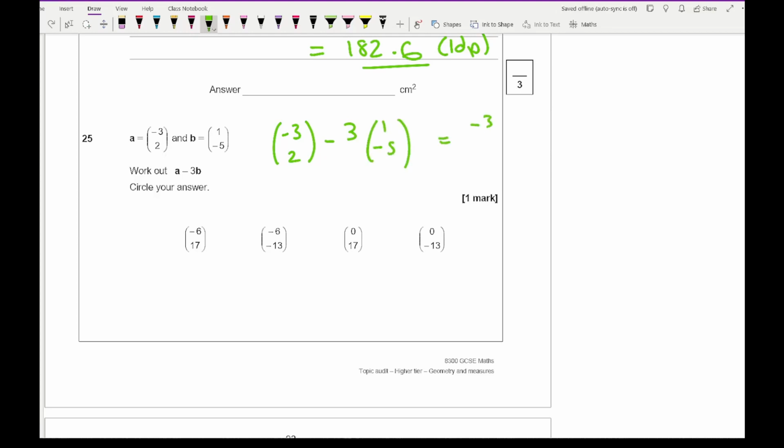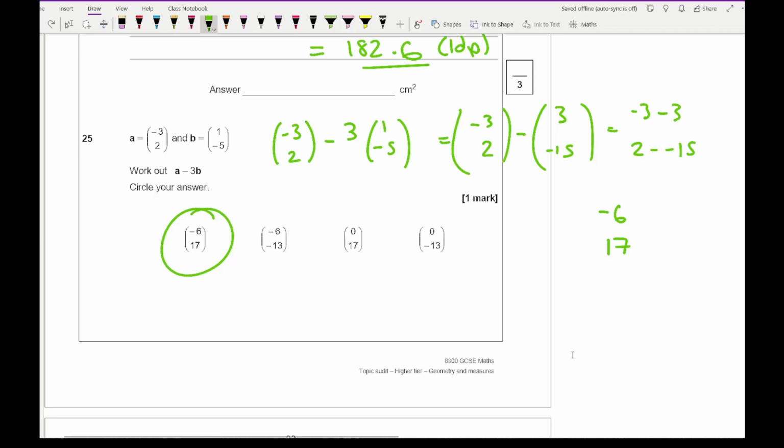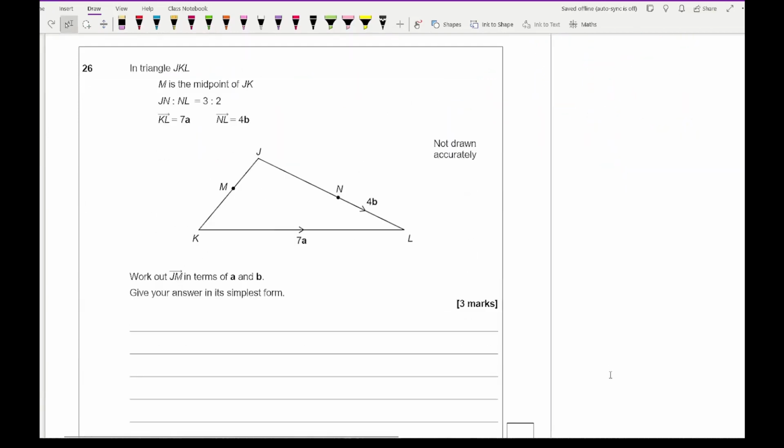Now that equals minus 3, 2, minus 3, minus 15, which equals minus 3 minus 3, and 2 minus minus 15. Now minus 3 minus 3 is minus 6, and 2 minus minus 15 is positive 17, which is our first option. Then moving on to question 26, which is our last question.